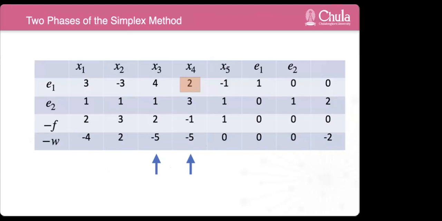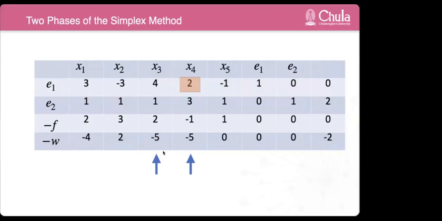Remember that for phase 1, we consider only W. Our aim is to reduce W to 0, force W to be 0. So we can choose between this column or this column, either is all right.